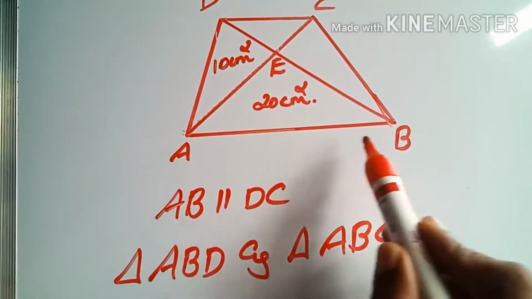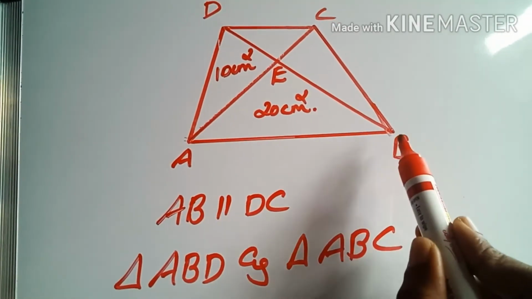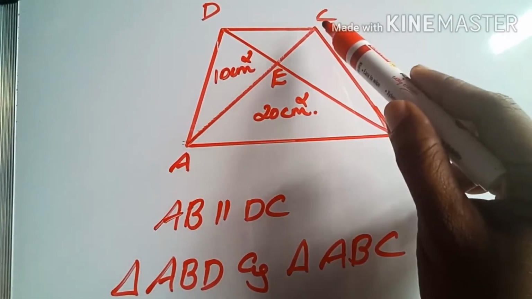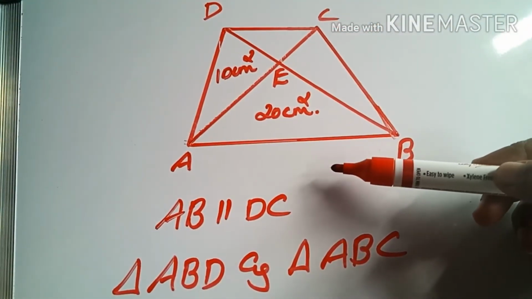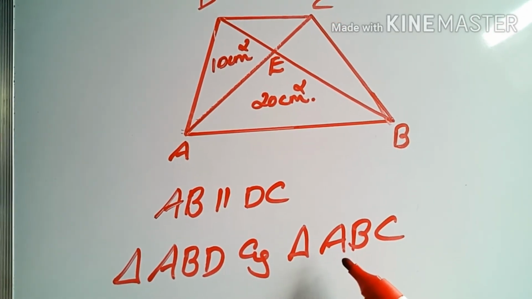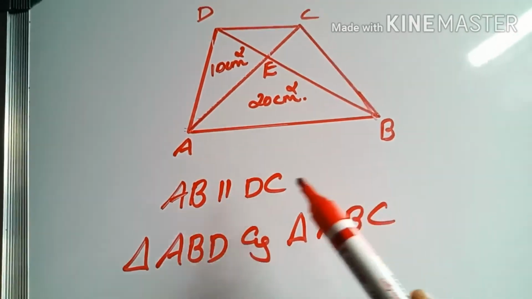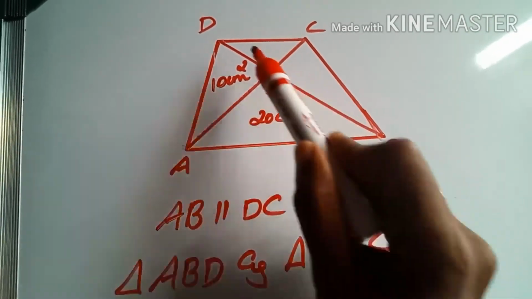Here AB is the common base. For these two triangles, AB is the common base, and D and C, the upper vertices, are on a line parallel to AB. That means these two triangles will have the same area. Now what is the area of triangle ABD?